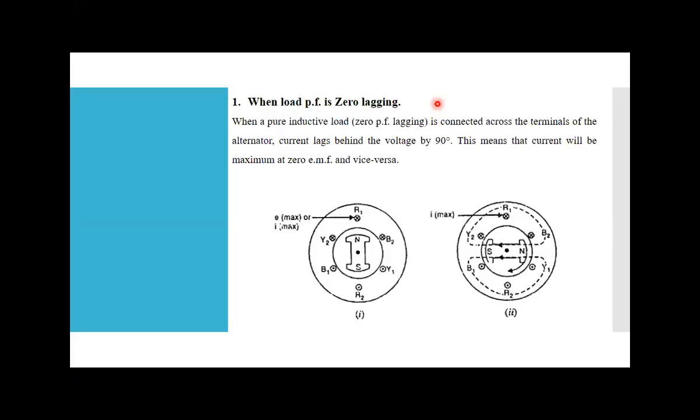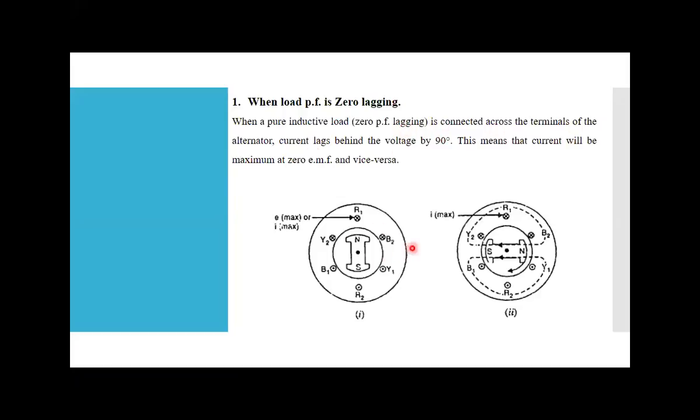Most of the time we talk about the mutually induced EMF, but there is another EMF, known as the self-induced EMF, and it is only present when we have an inductive load.